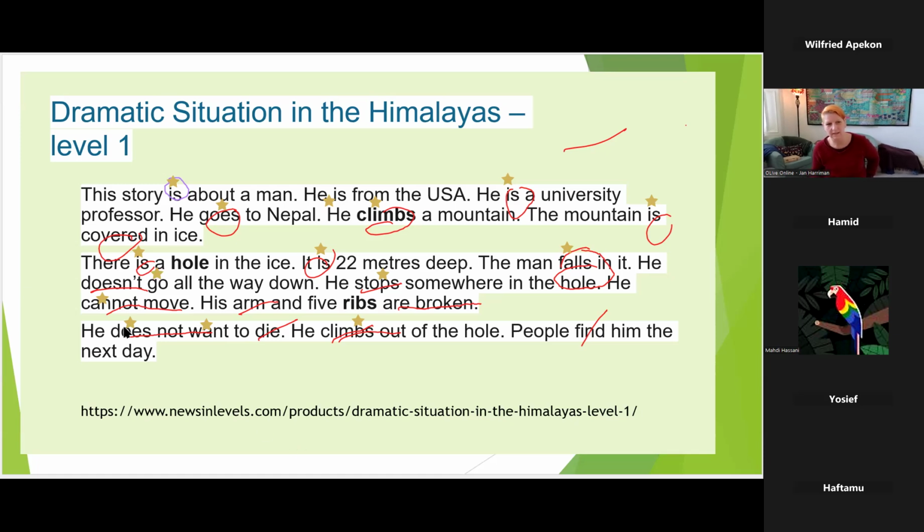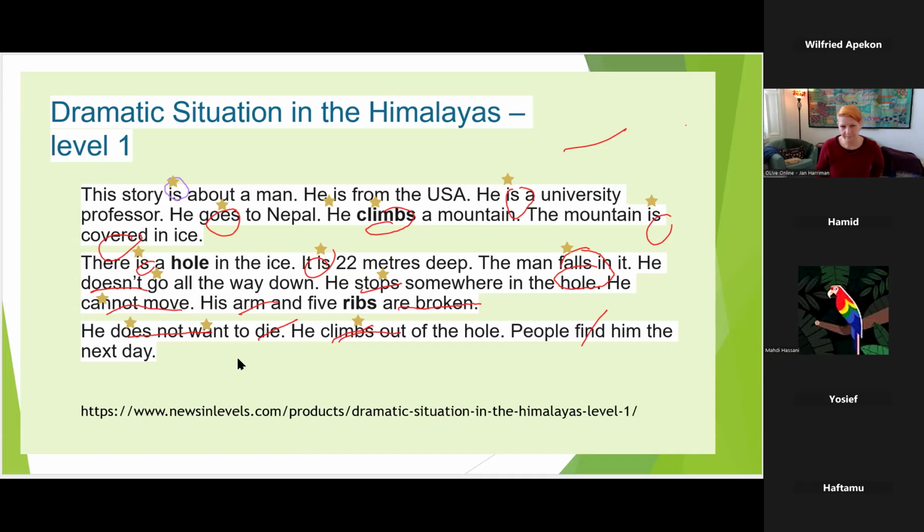The verb is doesn't, or the verb is doesn't go. It's okay, that's a two-part verb. It's got a helping word, does or doesn't. It could be he goes all the way down, but no, he doesn't go all the way down. All right.